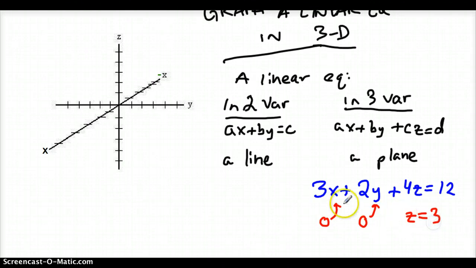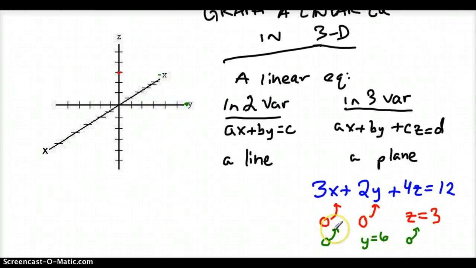Z would equal 3. And that's when x is 0, y is 0, but z is 3. We can place that dot. Let's continue on. If x is 0 and z is 0, then y would equal 6. We would come out 1, 2, 3, 4, 5, 6, plot that dot.